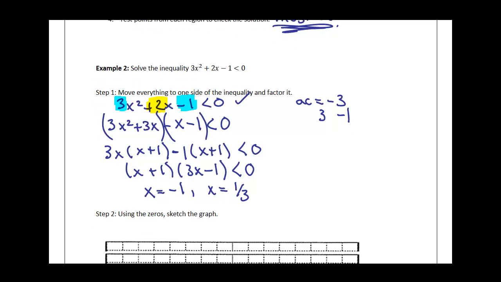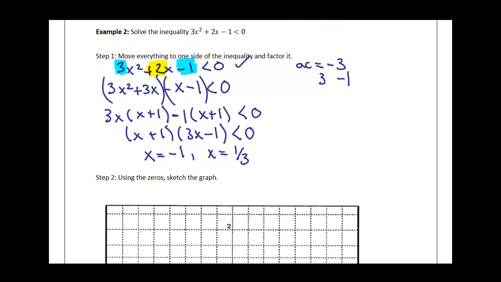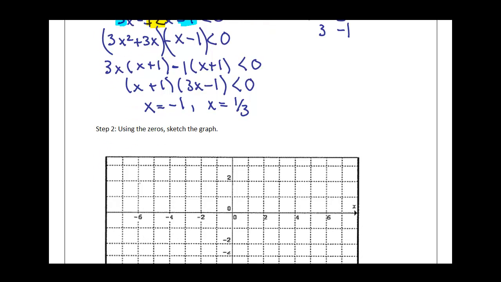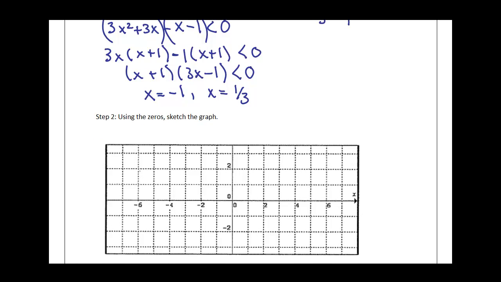Now step 2 asks us to use the zeros, which we just found, the roots, and sketch the graph of this quadratic. Well, since we know that we have roots at negative 1 and 1/3, those are going to be our x-intercepts. Now here's where a little bit of difference comes into play. We know that we're looking at a graph less than 0.